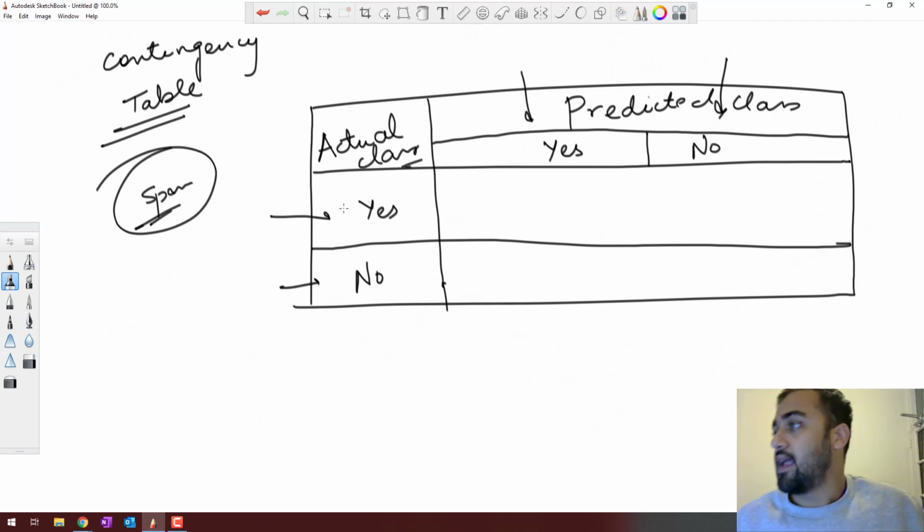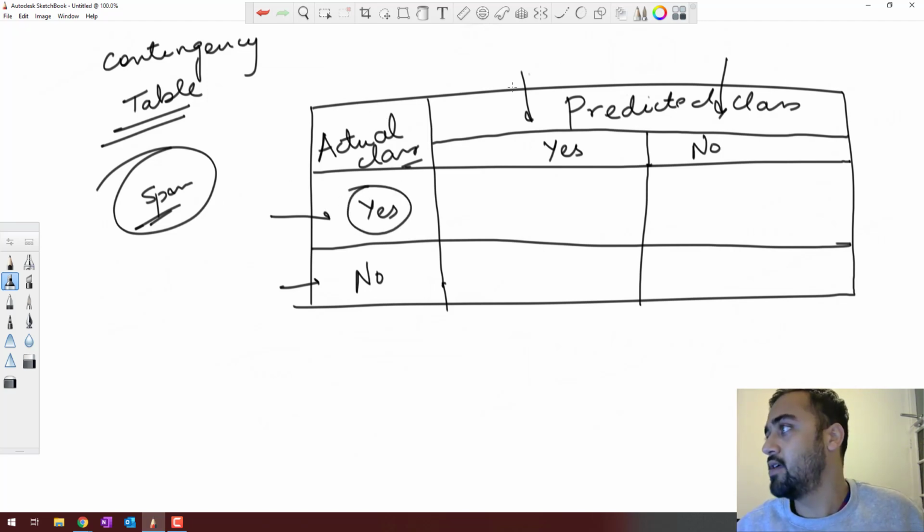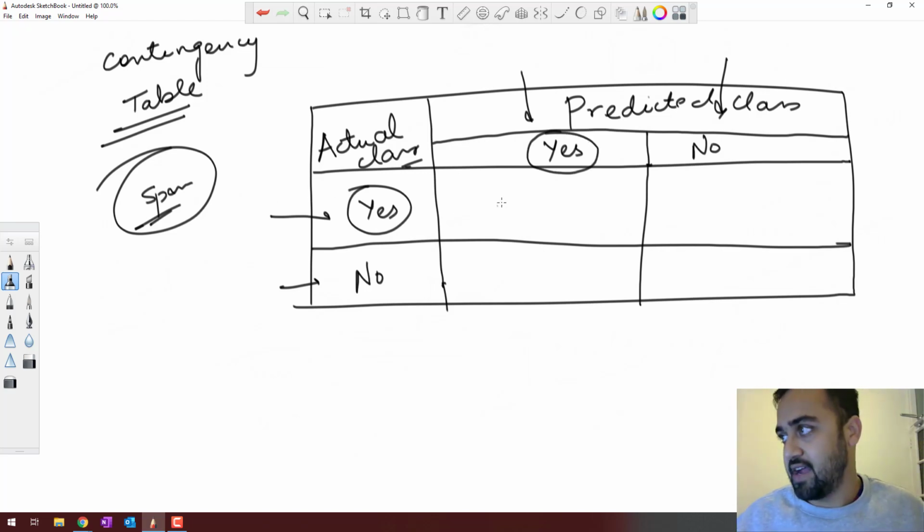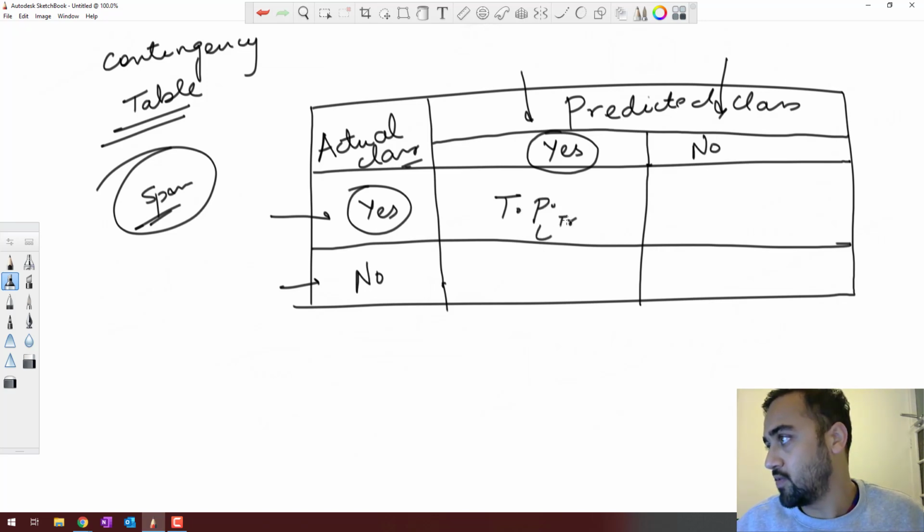If your algorithm gets an input that has an actual class of yes, and your algorithm predicts the output for that specific input as yes, that means it's a true positive, right?